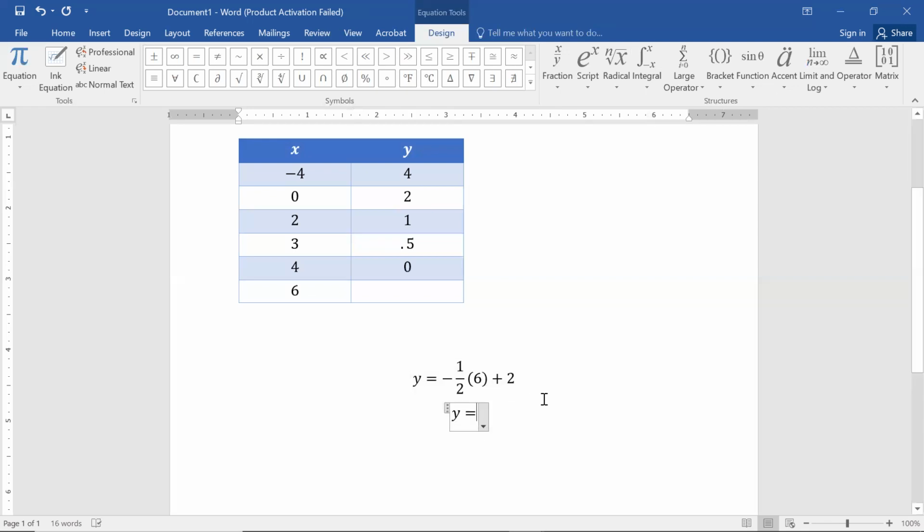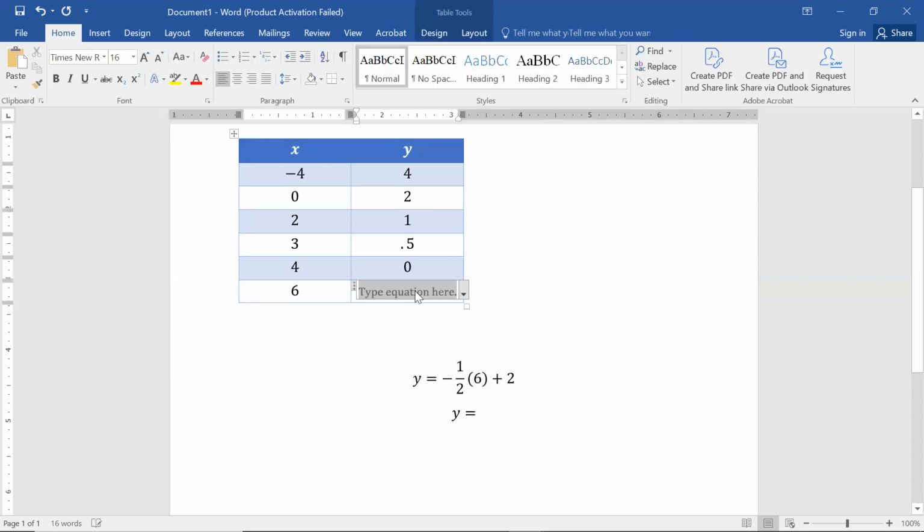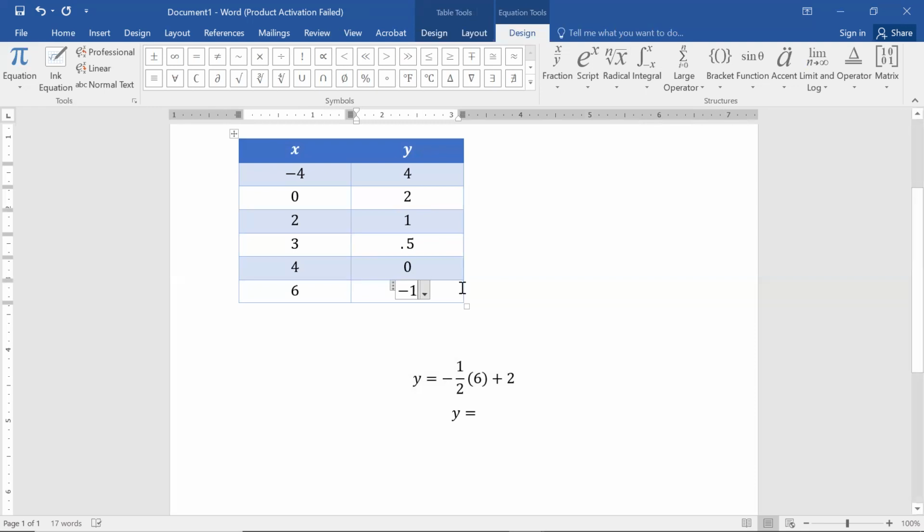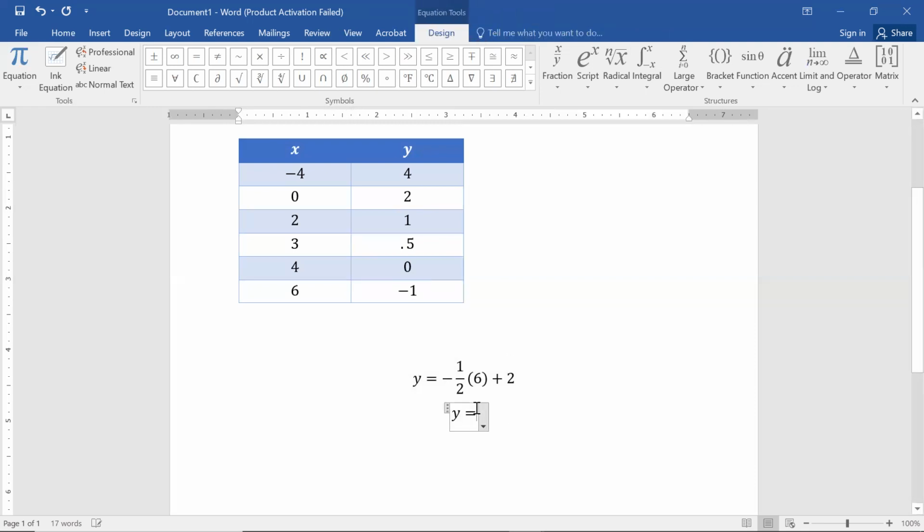Plugging in a positive 6 for my x value gives me negative 1/2 times 6 plus 2. That gives me a negative 1 as my y value.